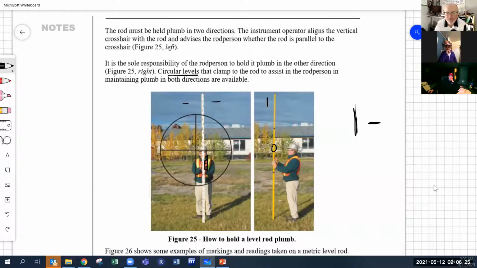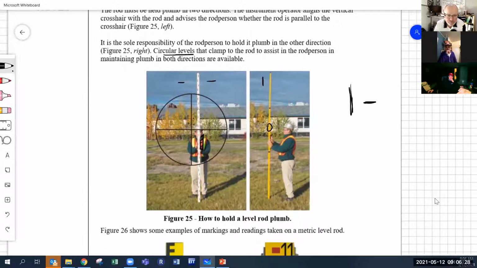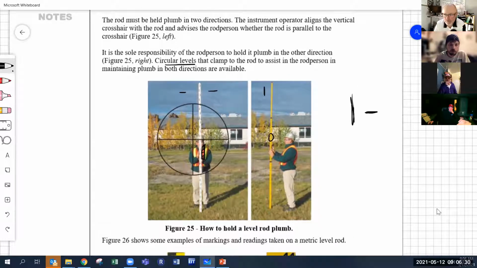For class, are we going to need to bring a level or something like that? Listen, if you want to bring a torpedo level with you, something you could have in your pocket, Brad, that's a good idea, right? Okay. I think it's your own. I'm not having to supply you with anything, but I must say this. Any equipment that you bring onto SAIT campus, like a tape measure or a level, is yours to take care of.